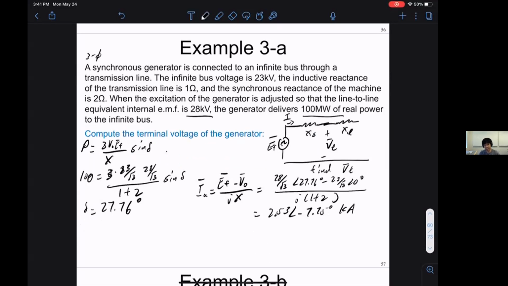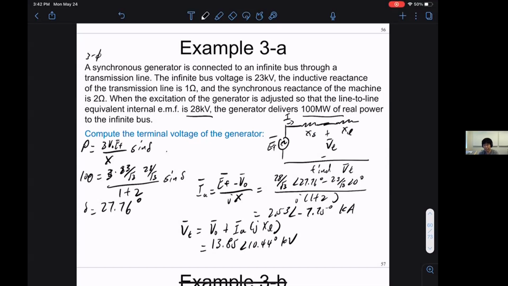So this is the current flowing in this branch. Once we know the current, we can figure out VT. This is V0 plus the current times JXL, current times impedance gives you voltage, and substituting these numbers in, we get 13.85 angle 10.44 degrees kV.